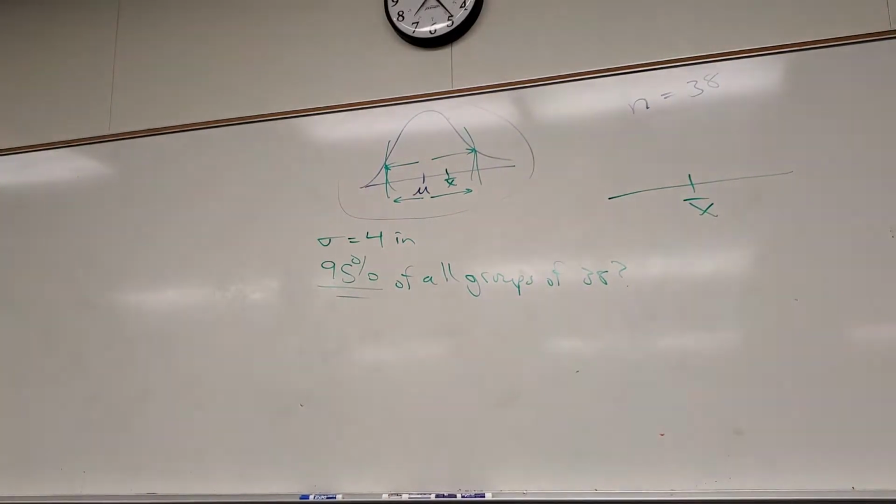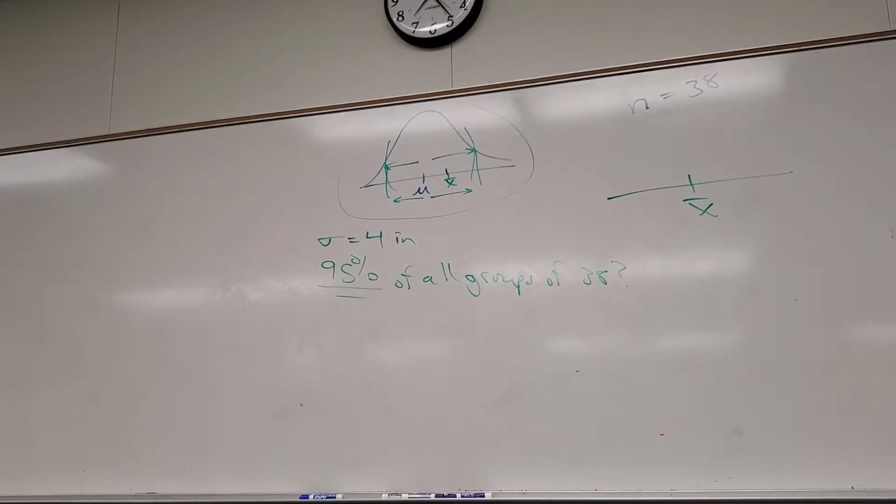Okay, so let's piece all this together. There's a lot of parts we've gone through that come together in this one problem. I know the basic idea: if I go out so many steps, I catch 95% of the information. So let's start with that.